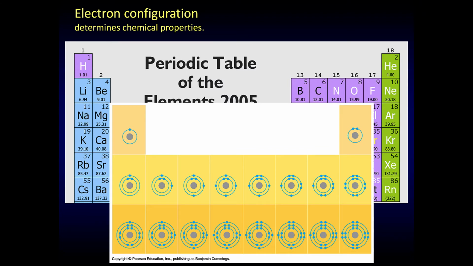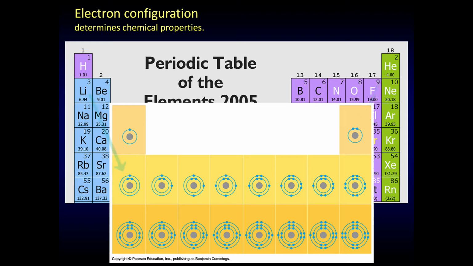How about this? In the first row, you'll notice the hydrogen atom has one electron. It has atomic number 1: 1 proton, 1 electron, and that electron is in the first shell. If we move to the other side of the chart, still on the first row, we see helium: atomic number 2, 2 protons, 2 electrons, all in the first shell.